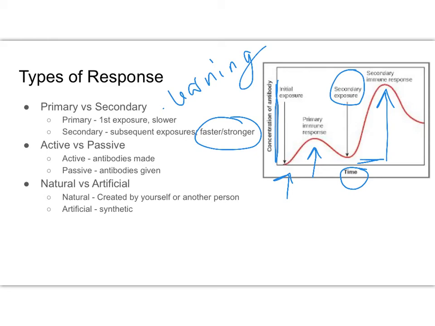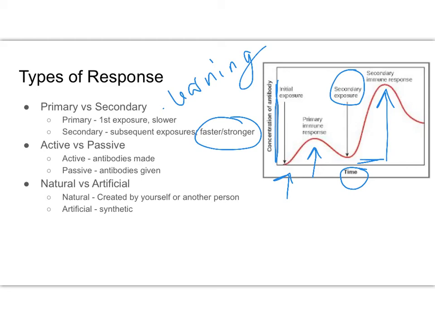So that's why we don't usually get the exact same disease over and over again. I build antibodies to one particular antigen, and so if I get exposed to that antigen again, then I can easily fight it off, and I can fight it off quickly. Whereas when I get exposed a first time, it takes me longer.